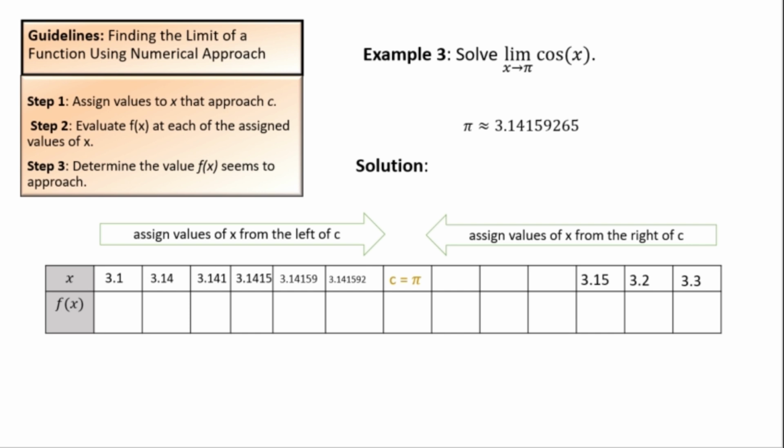Then 3.15, 3.142, 3.1416, 3.141593. They stay bigger than pi, but they're getting close to pi.